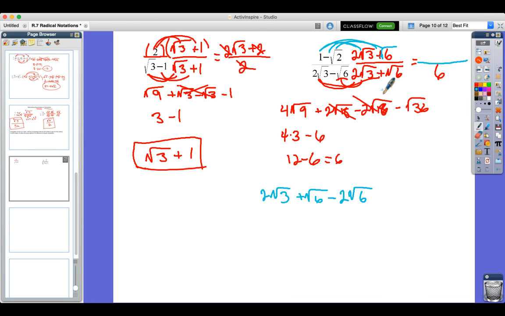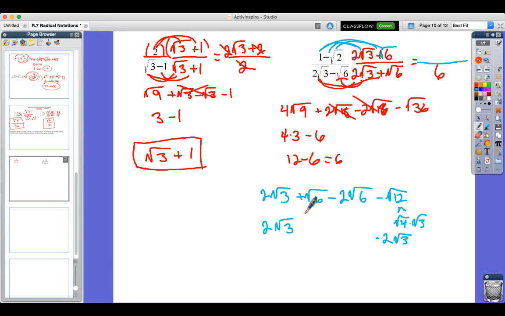And then radical 2 times radical 6 be negative radical 12. Can we reduce these? The only simplification that can happen are right here in the middle. So we get 2 radical 3. Oh, no, we can simplify the 12 too. We'll look at that. 12, of course, factors out to be radical 4 times radical 3.